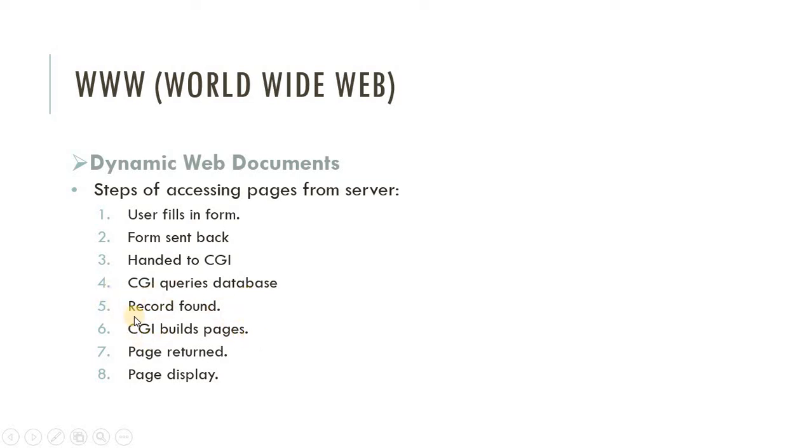Now CGI builds the pages. So the database gives the data to the CGI, and CGI builds the web pages based on the data, and those pages are given to the server, and the server returns those pages to the client. So this is how dynamic accessing of pages from the server is done.